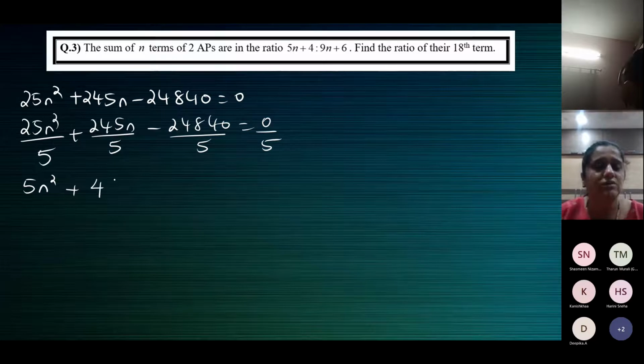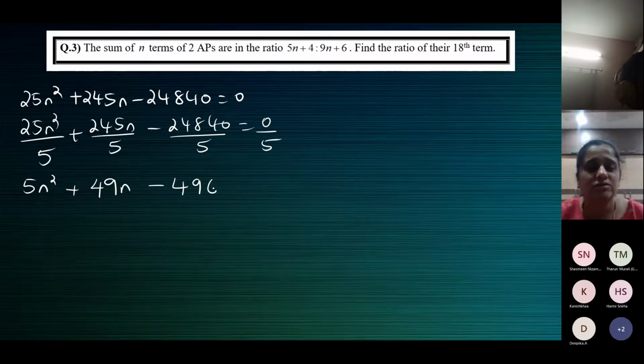Those are 24, 9s are 45, minus, 3 6s are 34, 8s, is equal to 0. So we'll use the quadratic formula here. What's the value of a?